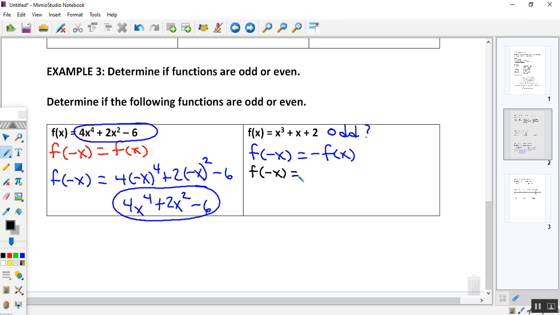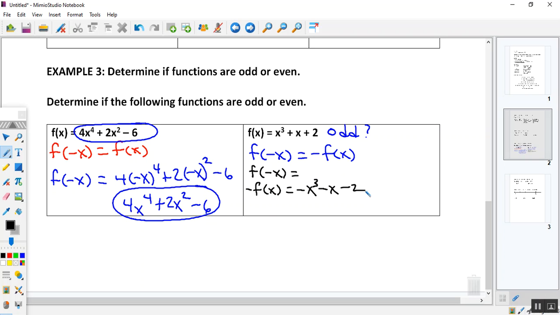Maddie, what'd you say again? We just do what to all the signs here for this type of function? Flip them. So this would be negative x to the third minus x minus 2, right? That's what it would be if you flipped all the signs there.